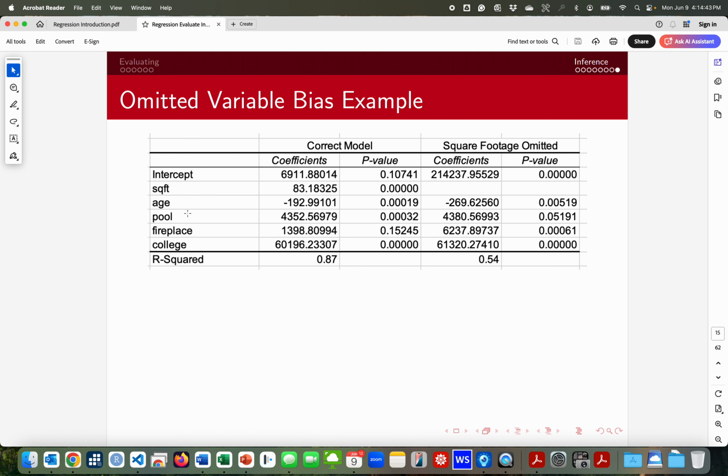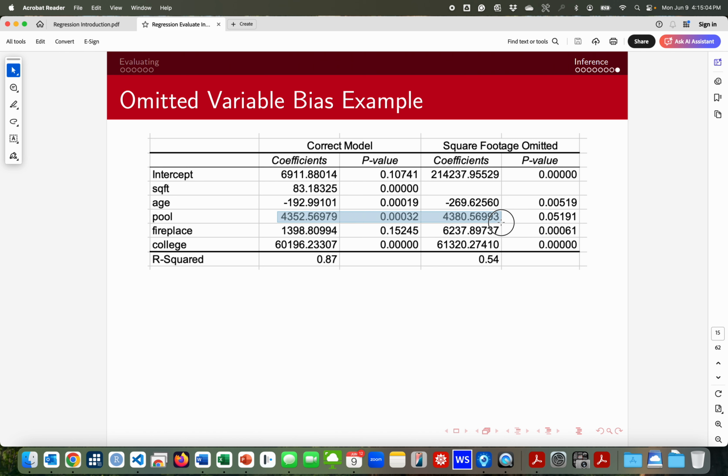So the omitted variable bias comes through the correlation between the omitted variable and the other variables and the dependent variable. If homes with and without pools tend to be about the same size, we wouldn't expect the coefficient on pool to change very much. And that's probably what's going on right here.